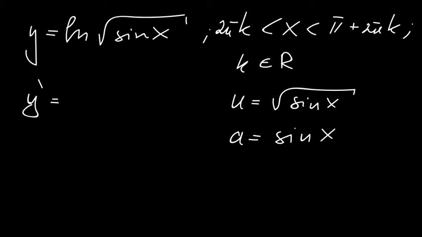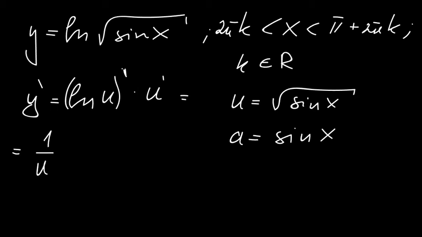So this becomes a derivative of natural log of u times a derivative of u. A derivative of natural log of u is 1 over u times a derivative of u, a derivative of a square root of a.